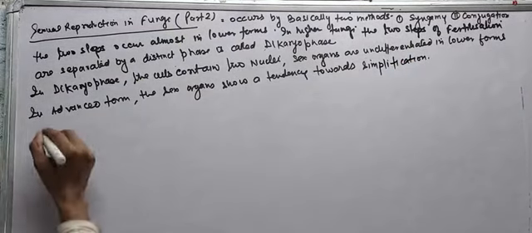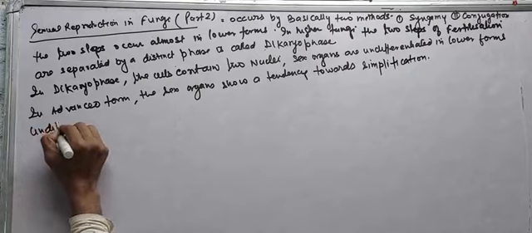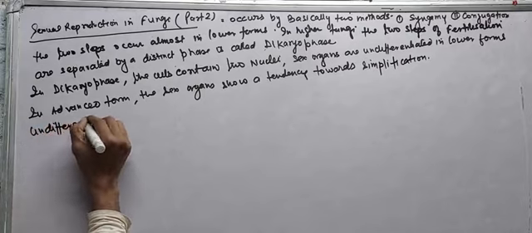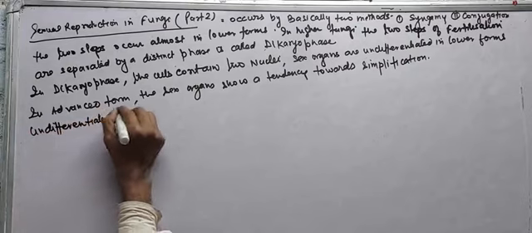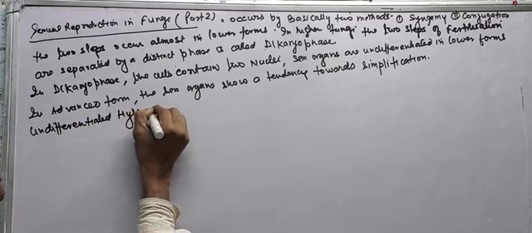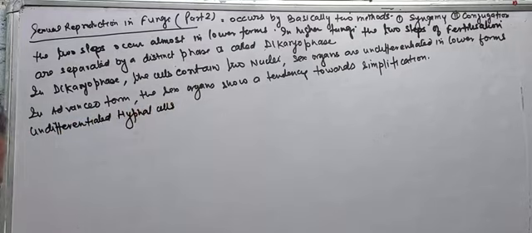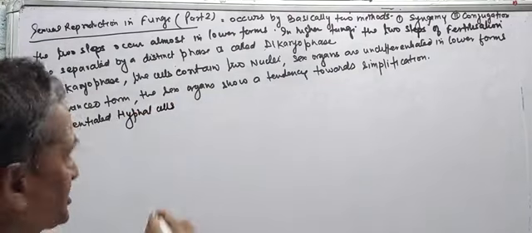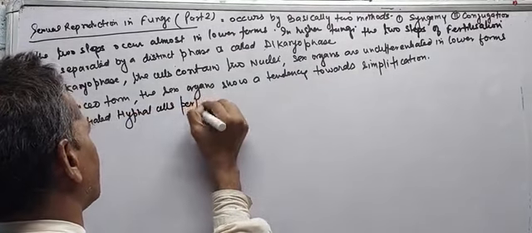Undifferentiated hyphal cells perform sexual reproduction.